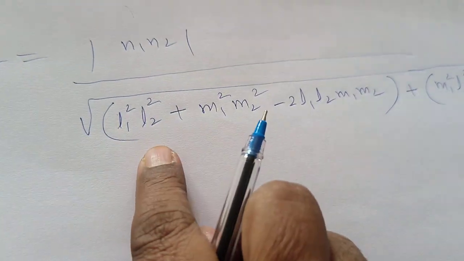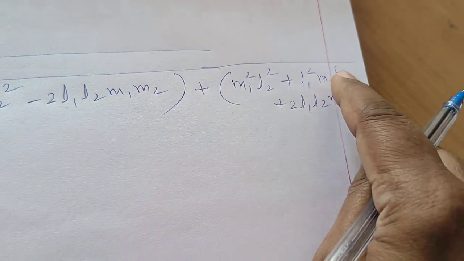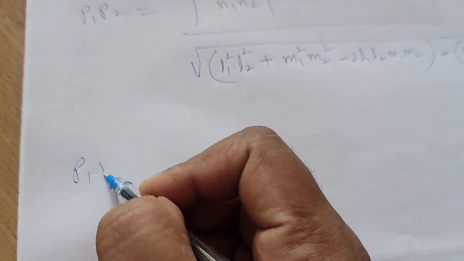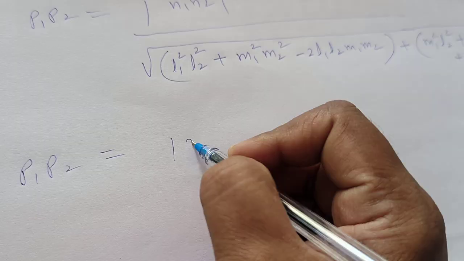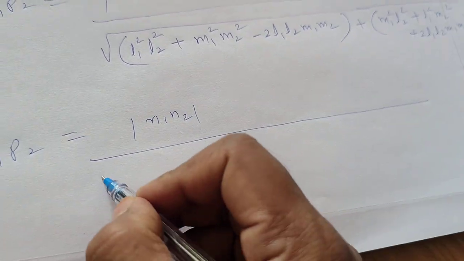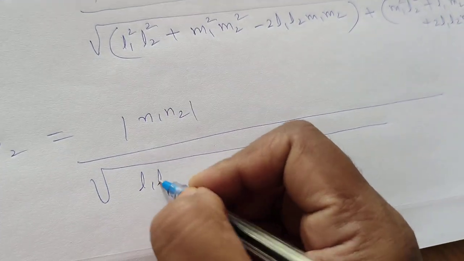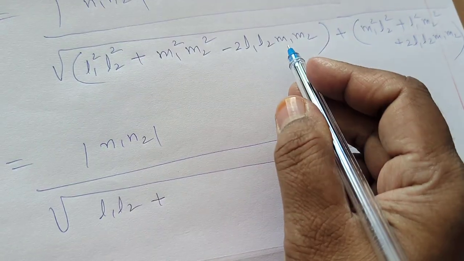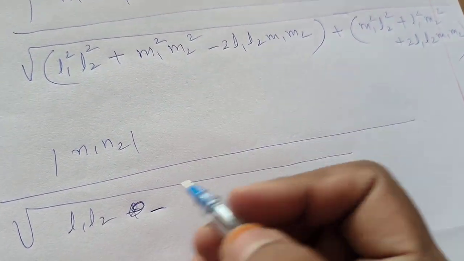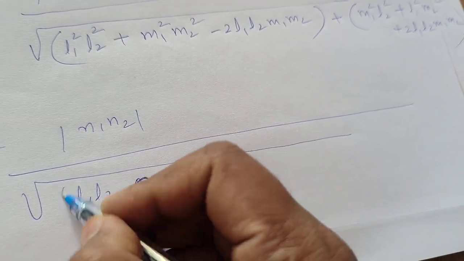Now the first is of the form a square plus b square minus 2ab, and this is a square plus b square plus 2ab. So we will write P1 P2 is equal to mod N1 N2 divided by under root, A means we have L1 L2, plus b, here we will write minus because this is a negative sign, (L1 L2 minus M1 M2) whole square.